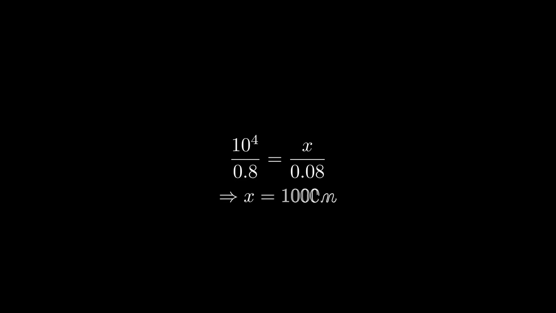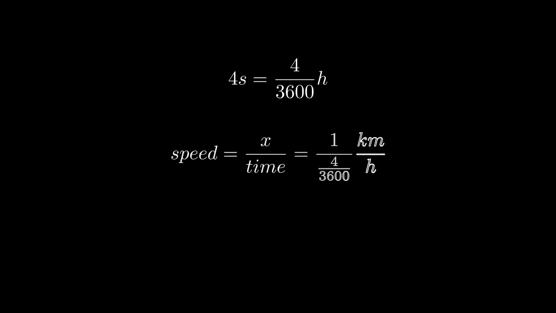So x is equal to 1000 meters. Okay, now we are set to perform the main calculation. 4 seconds is 4 over 3600 hours. So the speed is 1 divided by 4 over 3600, which is equal to 900. And that is quite close to the true value.